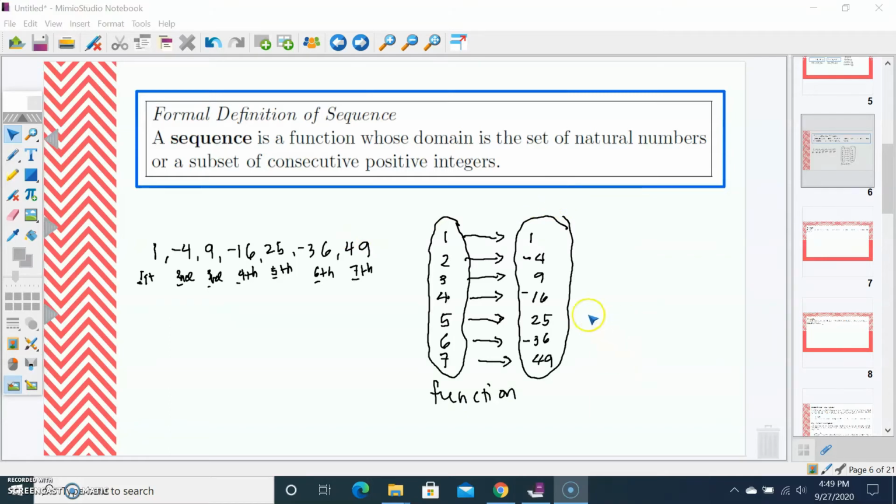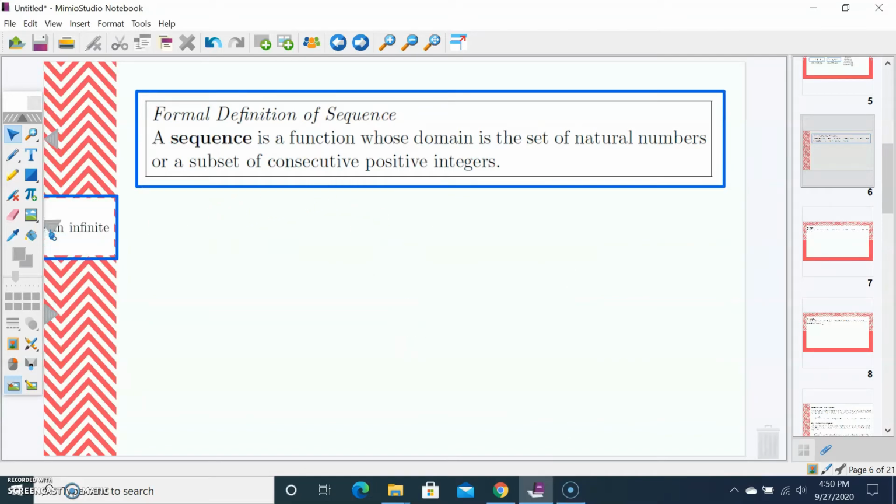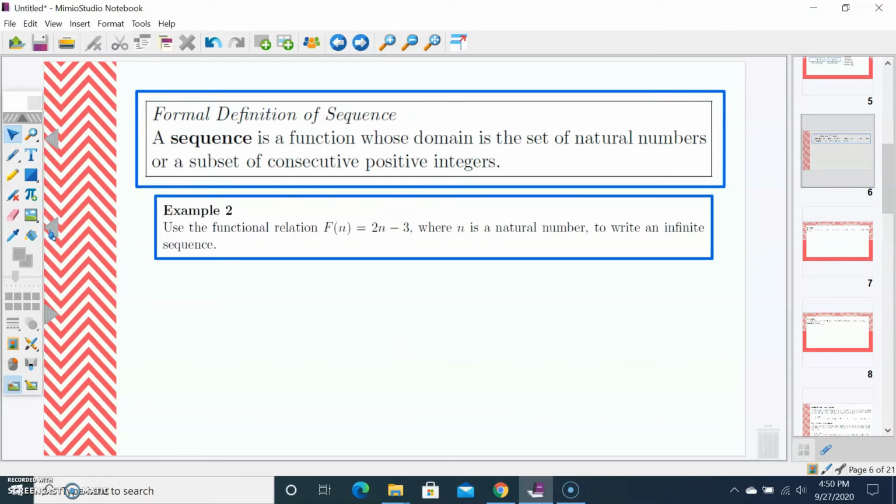Since we already know the formal definition of a sequence, let's have some examples to try this definition. We have example number 2. Use the functional relation f of n is equal to 2n minus 3, where n is a natural number, to write an infinite sequence.